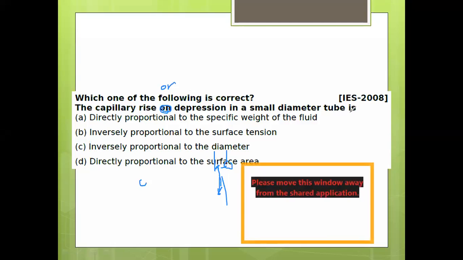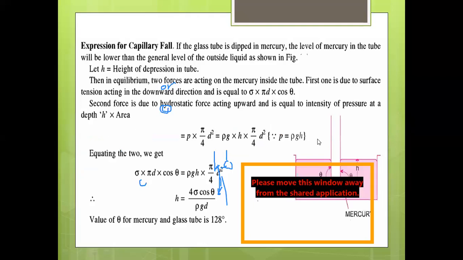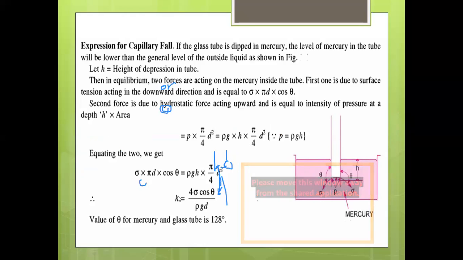Now the formula we have just written: H is equal to 4 sigma cos theta upon rho g D or gamma D. From this formula you can see that the value of H depends upon sigma, the surface tension, and upon the weight density gamma.